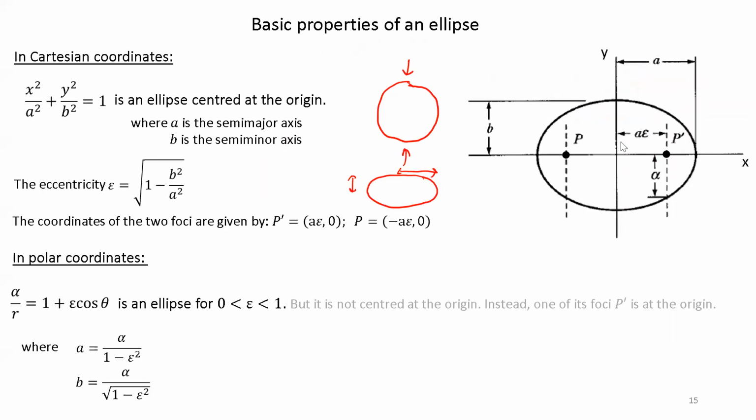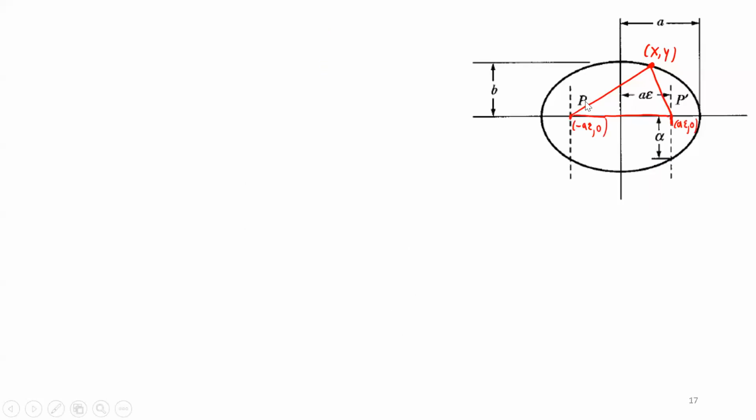And right, so because the total length of this triangle is fixed, that means this distance plus this distance has to be a constant.